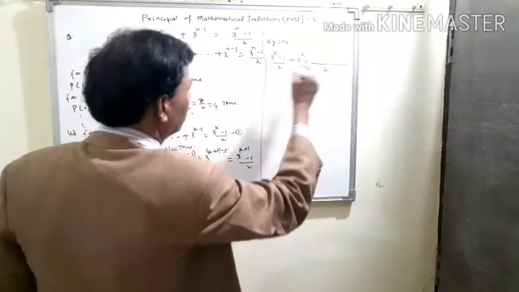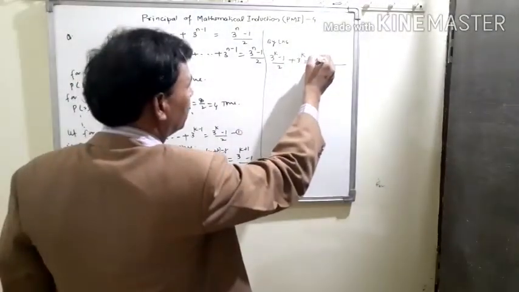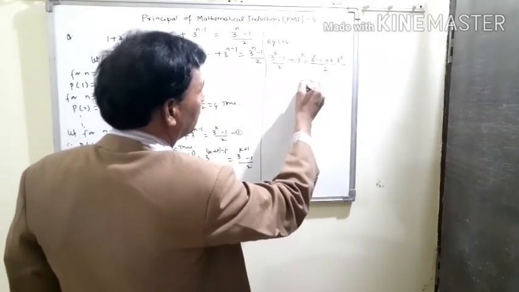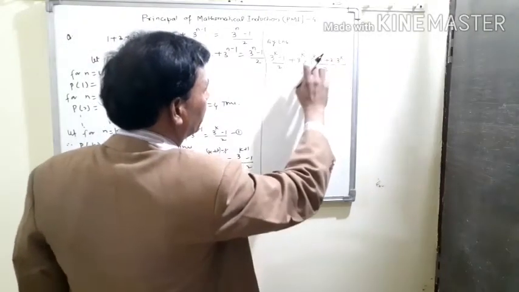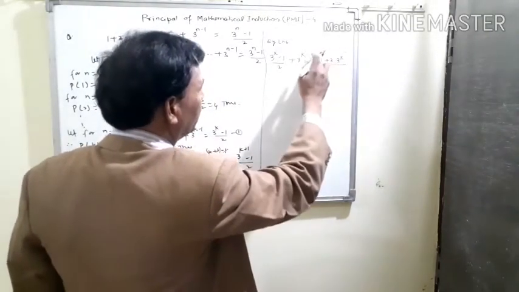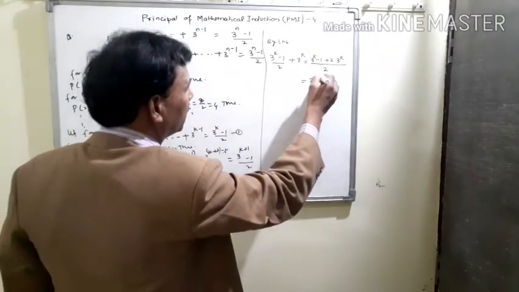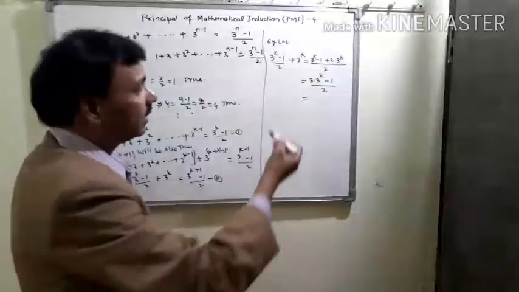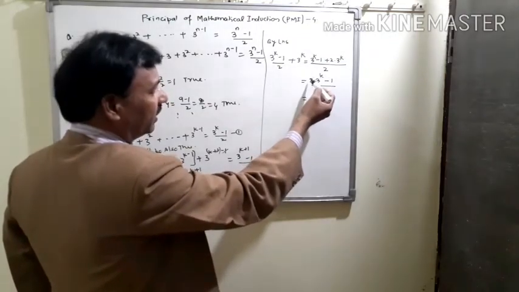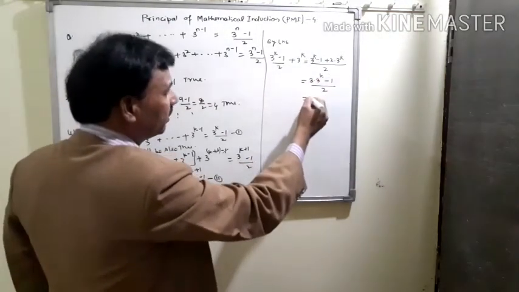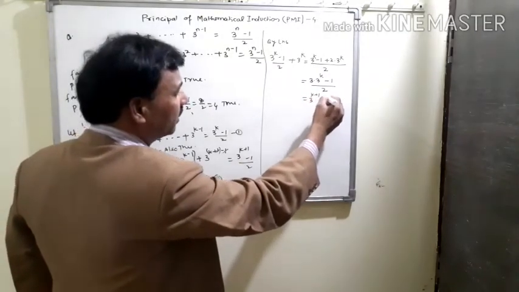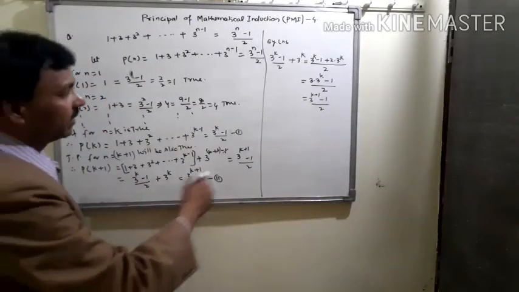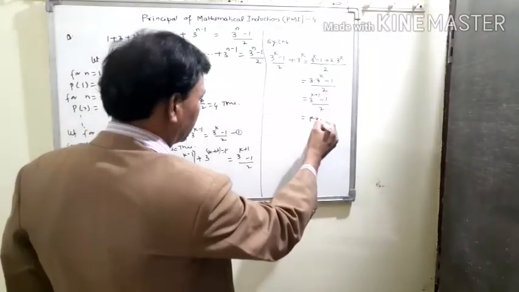If we take LCM 2, this will be (3^k - 1 + 2 * 3^k)/2. 3^k + 2 * 3^k is 3 * 3^k, so this is (3 * 3^k - 1)/2. Since you know that x^m * x^n = x^(m+n), this will be (3^(k+1) - 1)/2, and this is the right side of this statement. This equals the RHS.